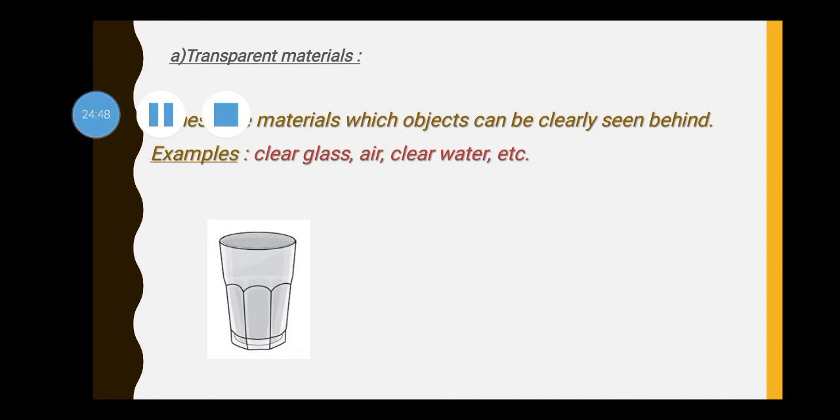If we put an object behind them, we can see the object with full details, clearly, like clear glass, air, clear water, and so on. So again, transparent materials allow light to pass through them.